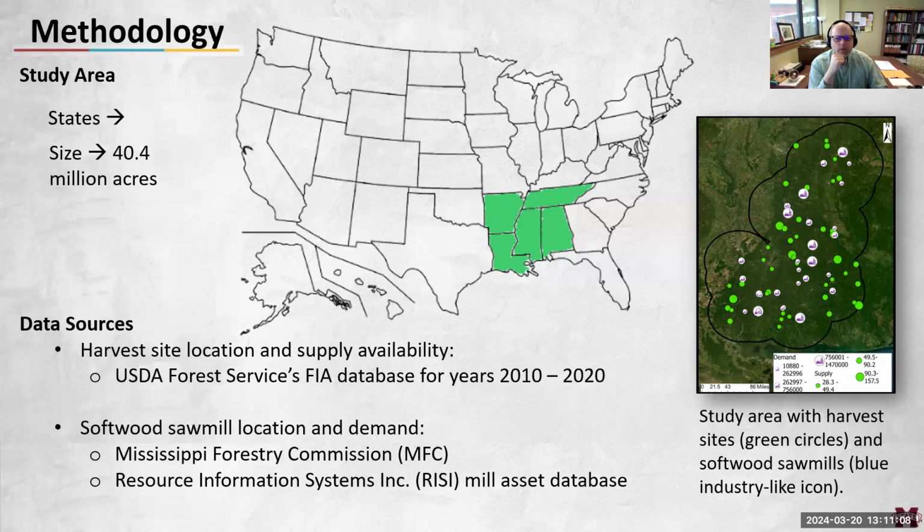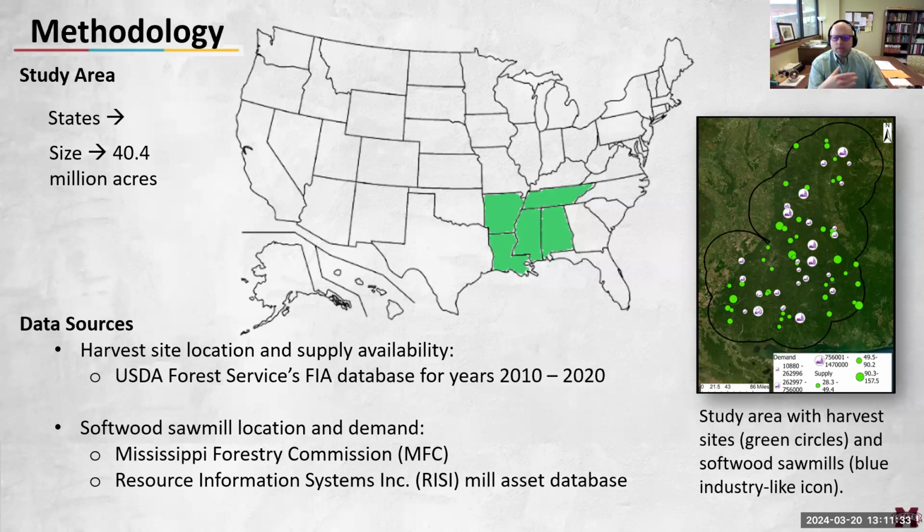Beyond that, there are premiums that have to be paid in order to move that wood. So what we did is we got data sets from the Forestry Commission and used some information from the RISI mill database to get volumes. That gave us our mills, which you see there in the little white dots over on the right side. And then our harvest sites, which we gleaned from the FIA database, or Forest Inventory Analysis.